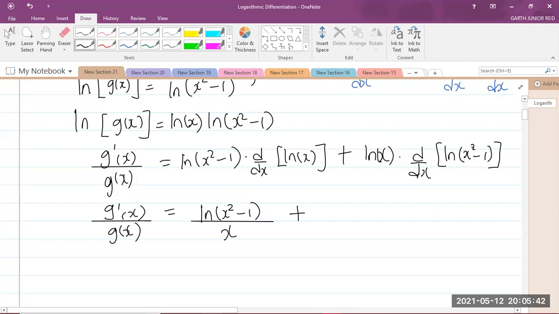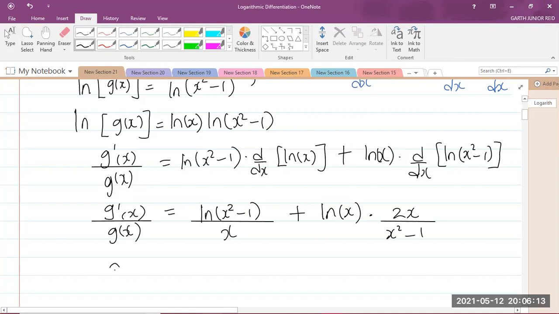We differentiate x squared minus 1, which gives us 2x, and divide that by the original function, x squared minus 1. So we have the ln of x being multiplied by 2x divided by x squared minus 1.